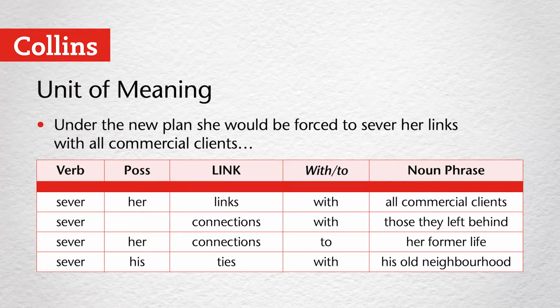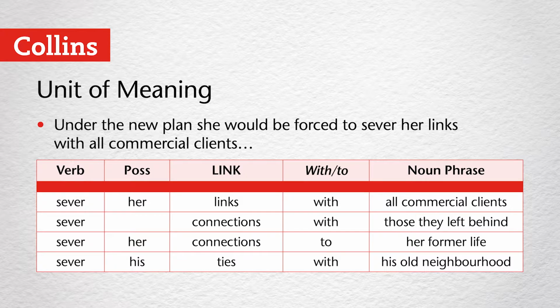Let's take another unit of meaning here, using the verb sever, with the example, under the new plan, she will be forced to sever her links with all commercial clients. Now, as Sinclair has noted, the verb sever with this meaning is followed by a noun meaning something like link or connection or tie.